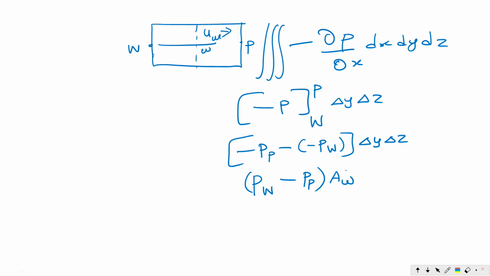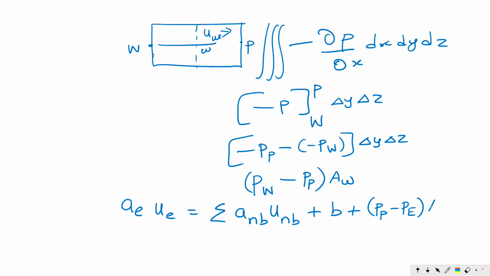Here we see the right hand side E control volume. I will write both these equations so that it will be easy for us to recollect. So it is AE UE equal to sigma of ANB UNB plus B plus PP minus PE of AE. Let it be equation number 2.